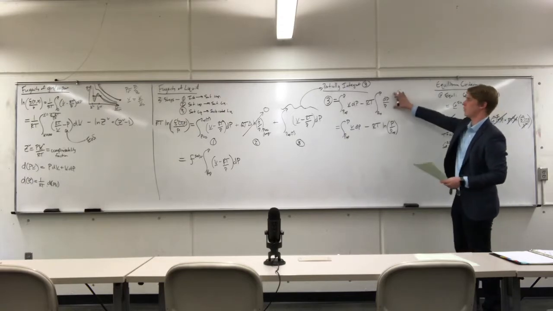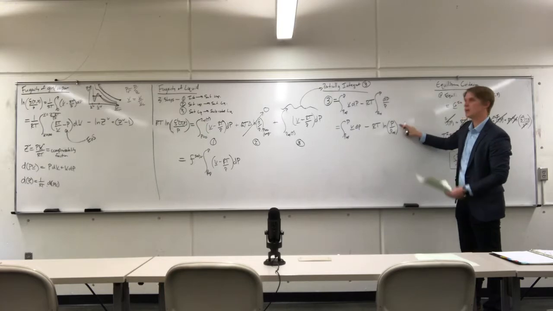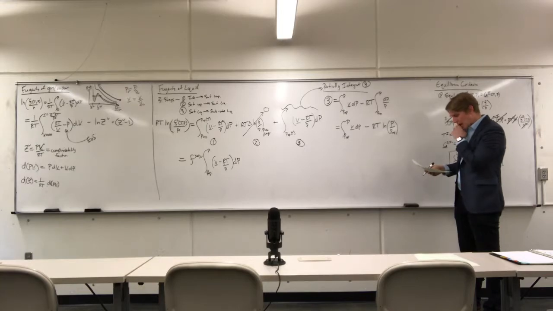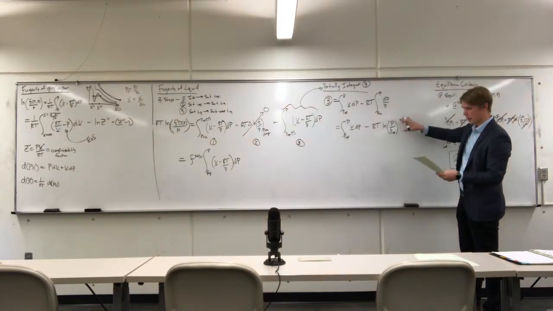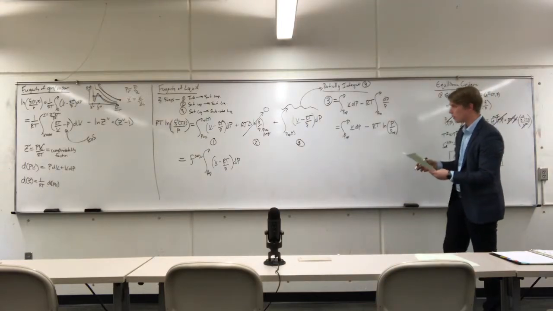All right, so integrating 1 over x is just the natural log of x, subbing in the limits of integration, we get the pressure over the vapor pressure. Now, if we substitute everything together, we go through a little bit of the manipulations, we realize that pressures cancel out.